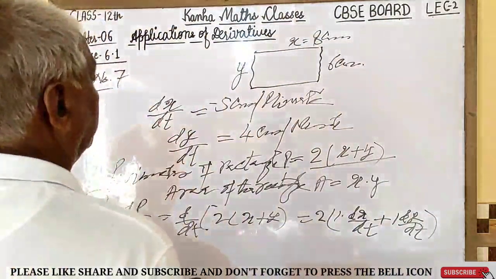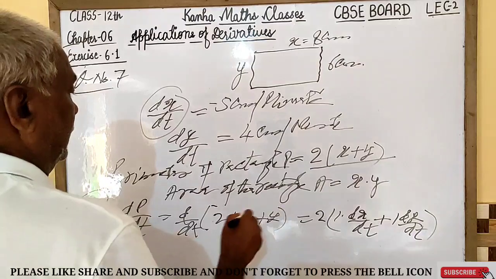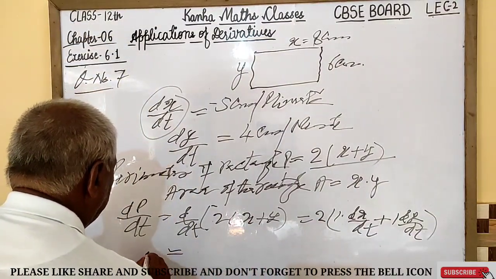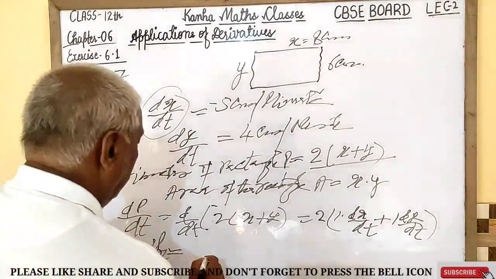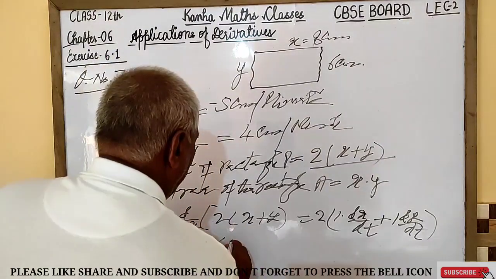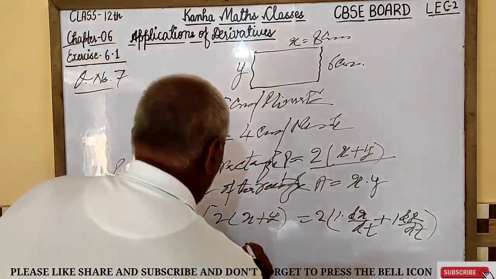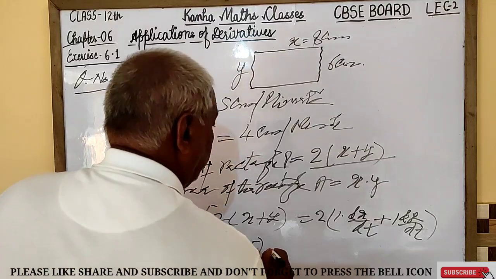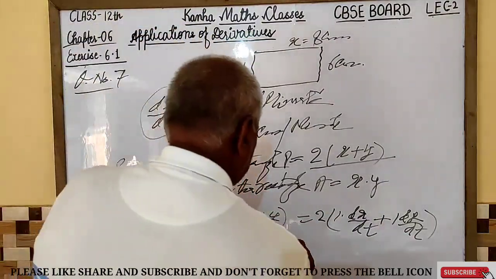Now, using these values of dx by dt and dy by dt, we come to the conclusion that dP by dt will be equal to 2 times 1 into dx by dt, which is minus 5, plus dy by dt, which is plus 4.